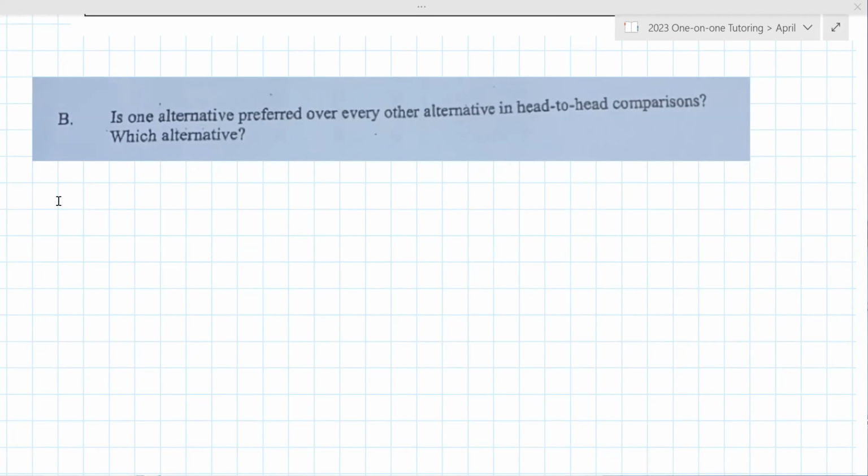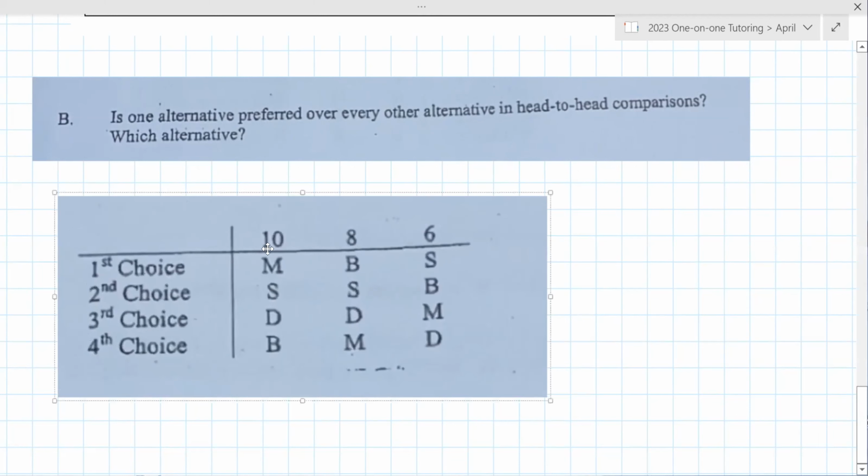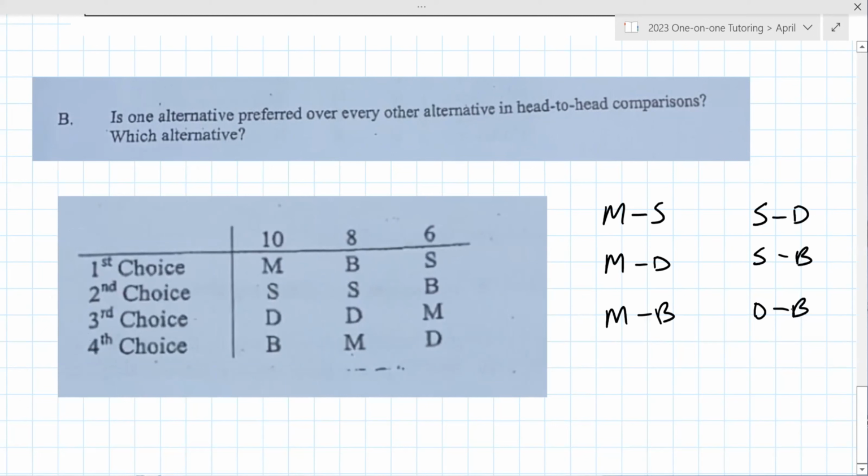There are 1, 2, 3, 4 options. So you're comparing M and S, M and D, M and B, S and D, S and B, D and B.